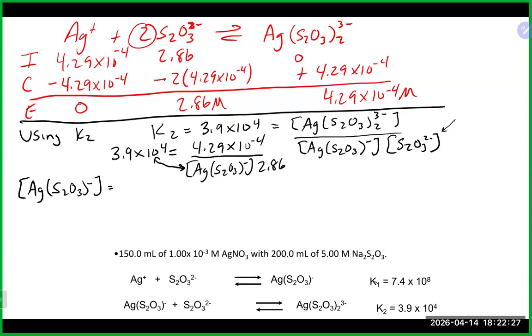That's going to give us 4.29 to the minus 4 divided by 3.9 to the 4 when we switch it, and 2.86 divided by, going to give us a 3.8 times 10 to the minus 9 molar in this case. And again, basically switching these two guys. Any questions on that there?